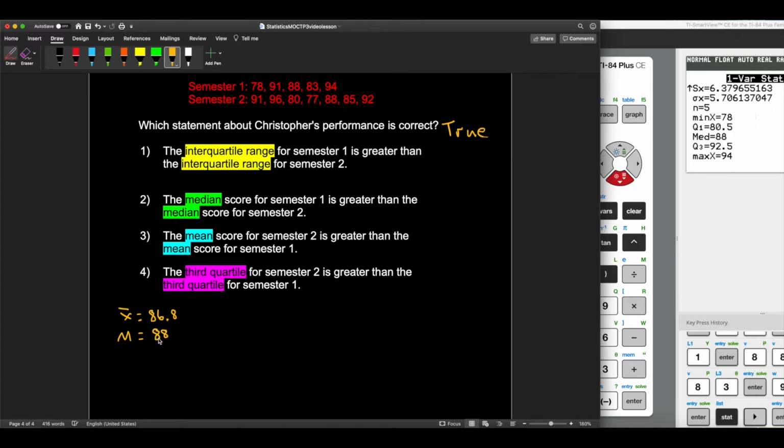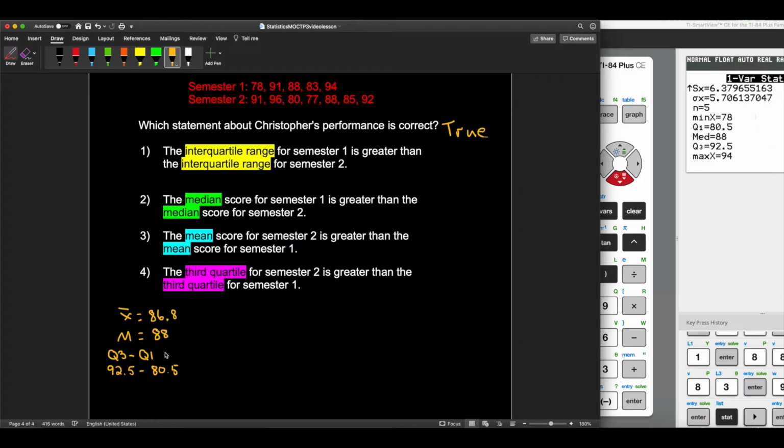Now, it wants the interquartile range. Remember, guys, interquartile range is Q3 minus Q1. Q3, 92.5 minus Q1 of 80.5.